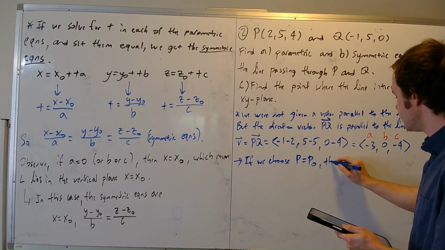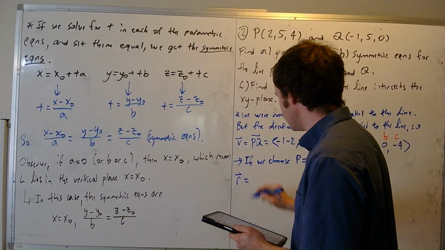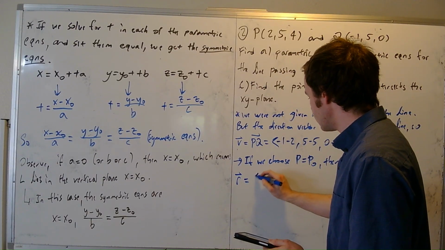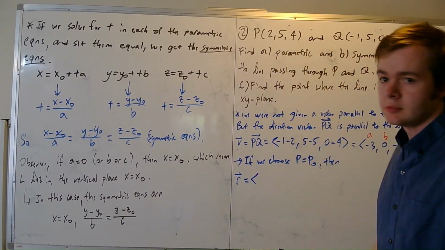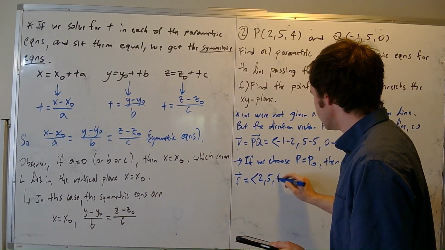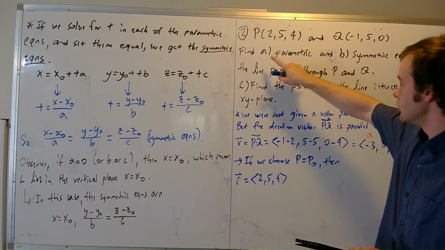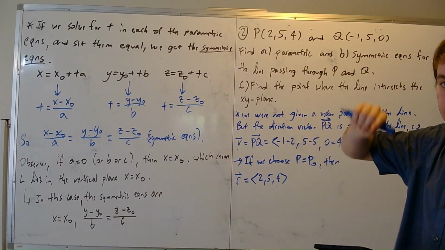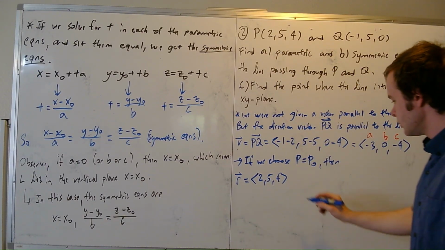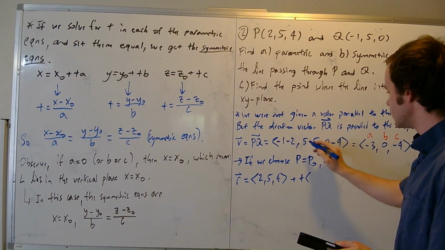Then R is going to be equal to, so remember we said it was the coordinates of P0, so it's going to be 2, 5, and 4. That was our vector R0, the position vector from the origin to that point. That's going to be that, plus T times our vector V.